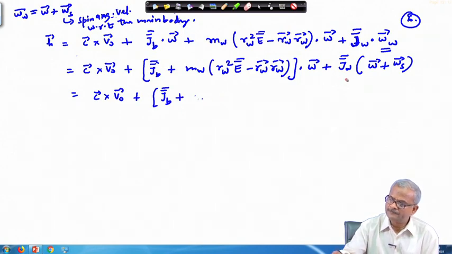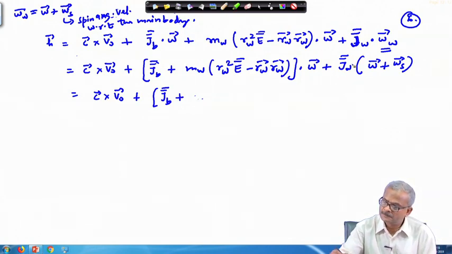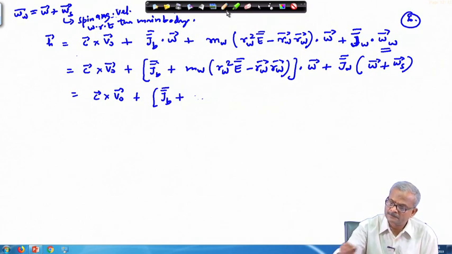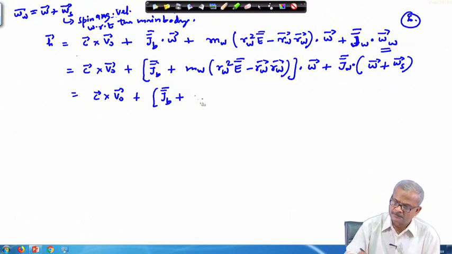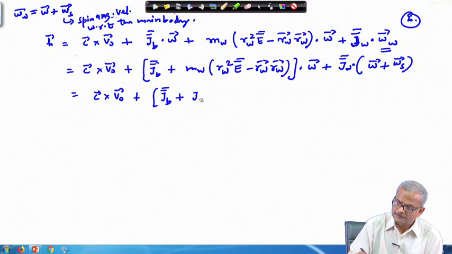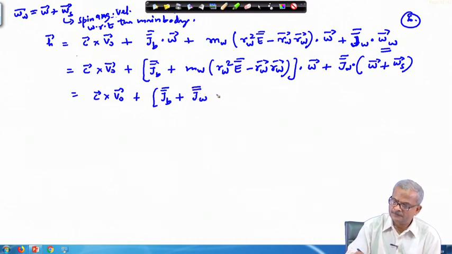This term we can pick up from this place, this dot is here, and we can write J w and plus m w times R w s square, this is the unit dyadic, minus R w.